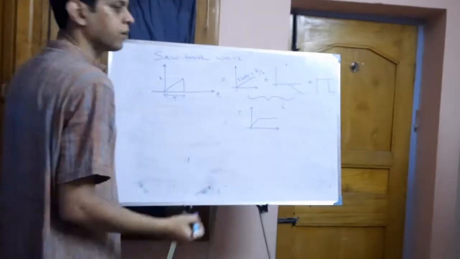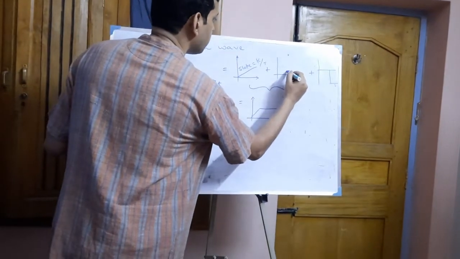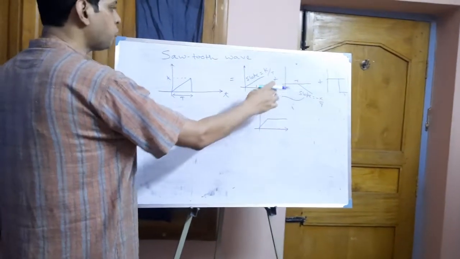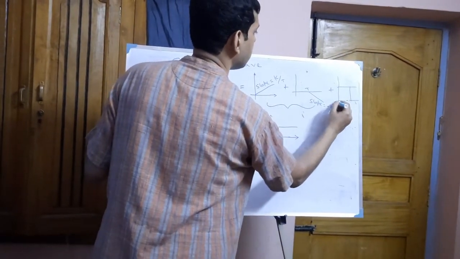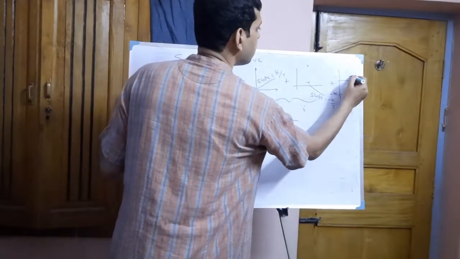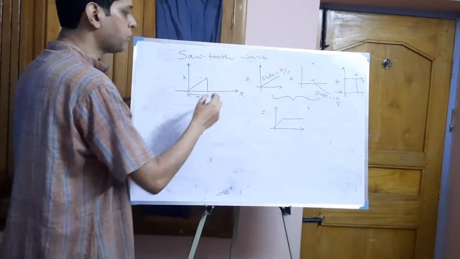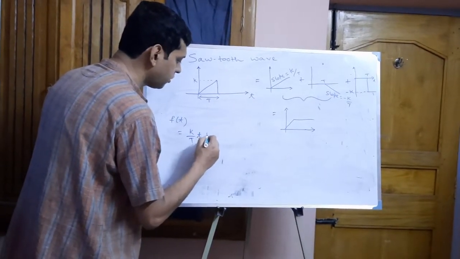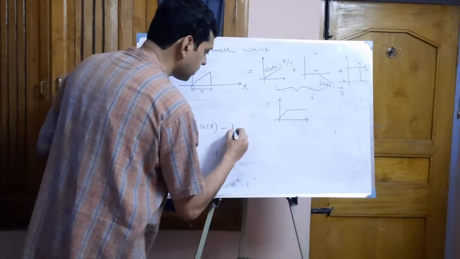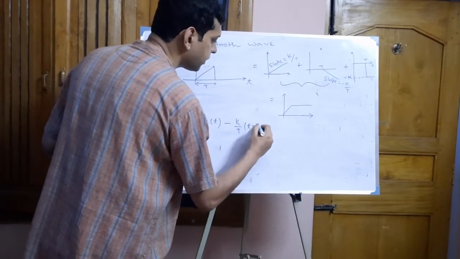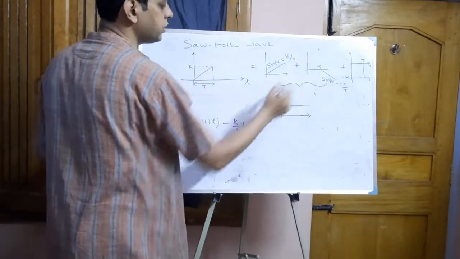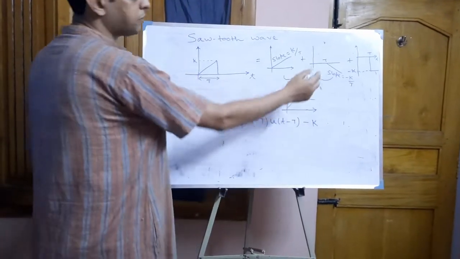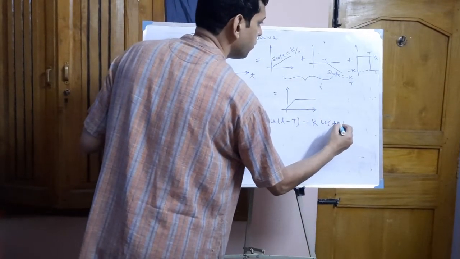K by T, and this should be slope equal to minus k by T, and we have to add another step function with this value minus k from t equal to capital T. So the sawtooth wave can be expressed as f(t) equal to (k by T) into t u(t) minus (k by T)(t minus T), because this starts from t equal to T, u(t minus T), and the third function is minus k u(t minus T).